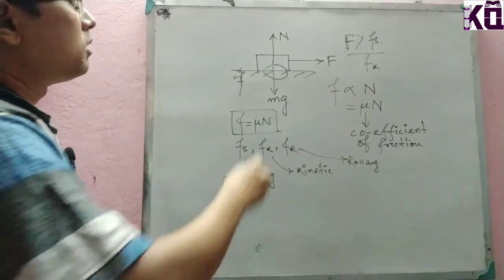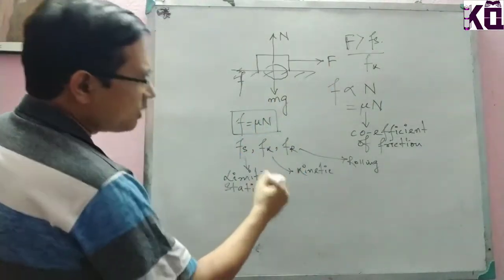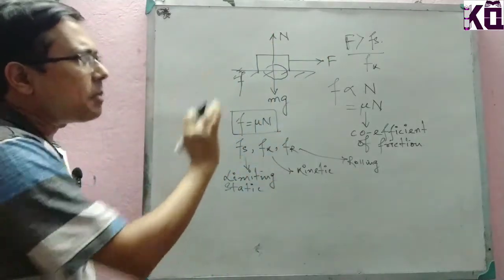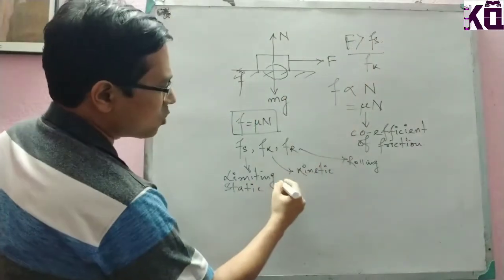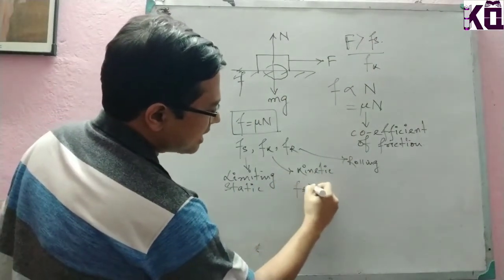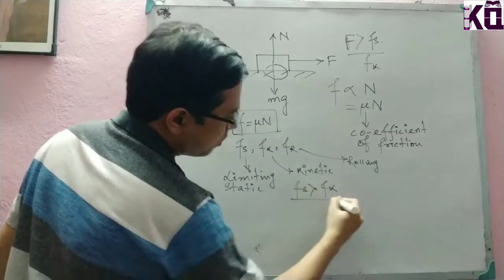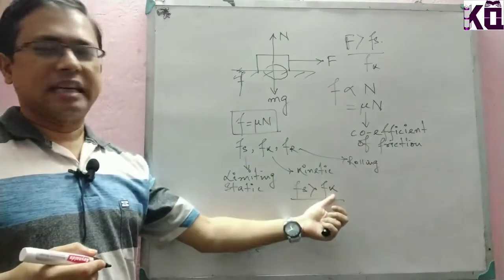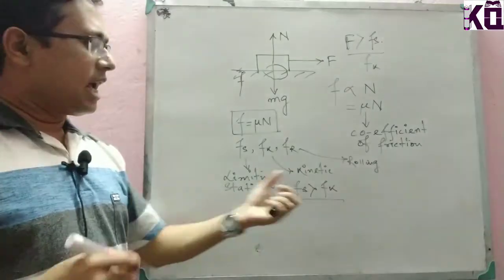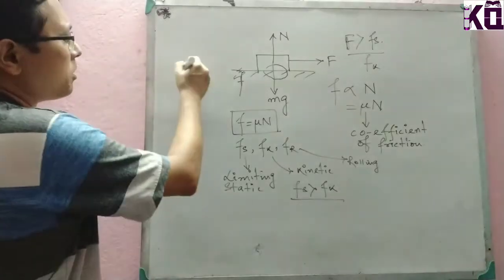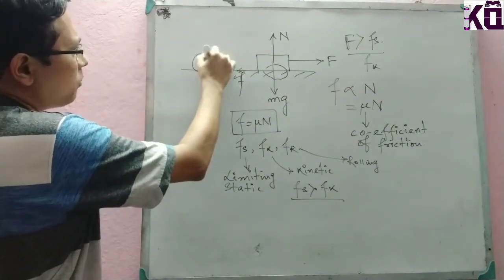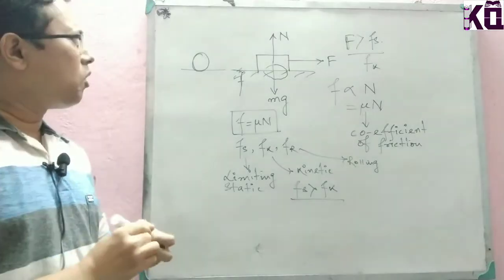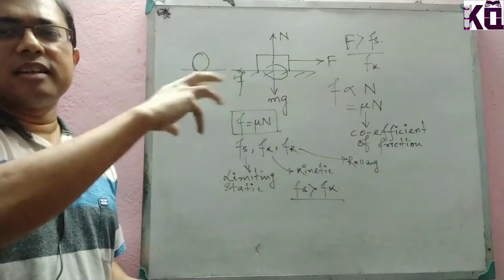So what happens? As the body is moving now, the amount of frictional force is a little bit less than Fs. So we can say Fs is greater than Fk. Obviously the limiting static friction Fs must be greater than the kinetic friction. And in general, we see there are wheels on cars and the like. The wheels are circular in nature.